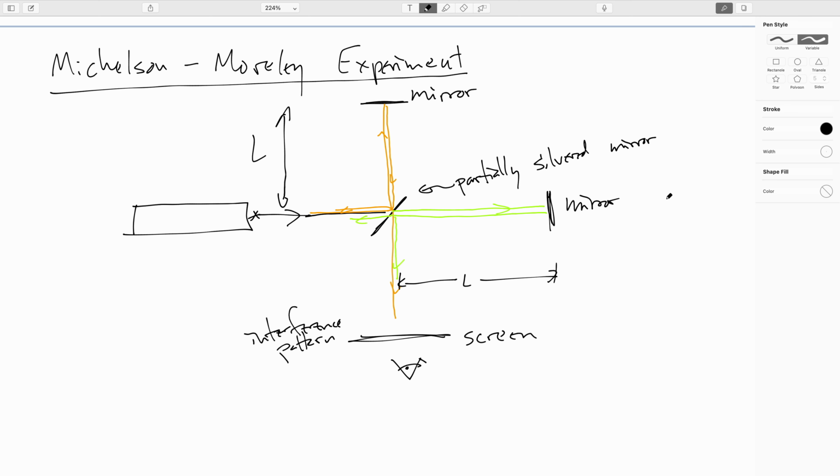So by doing that, you would have our ether wind as a headwind onto our mirror. And again, if you prefer, you could talk about boosting into a hypothesized special frame, doing the calculation, boosting back out, you'll get the same result.